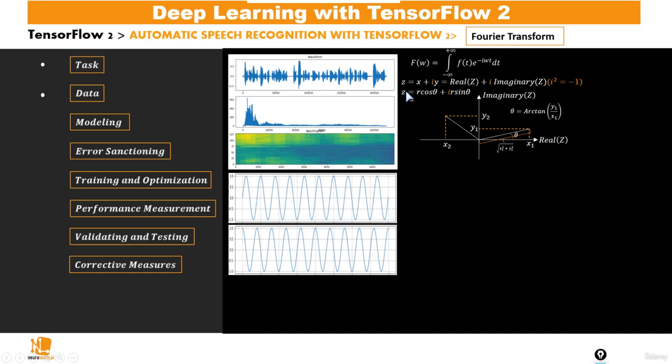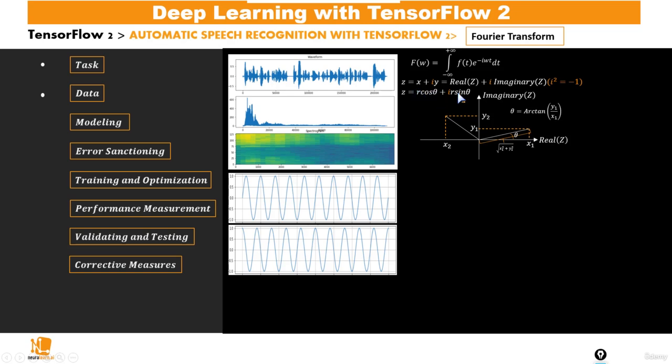So that said, we can rewrite our z as r cos theta plus i r sin theta, where x is r cos theta and y is r sin theta. This is the case where we have the magnitude r and its phase theta.